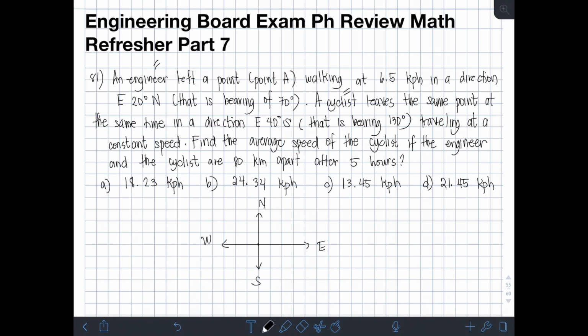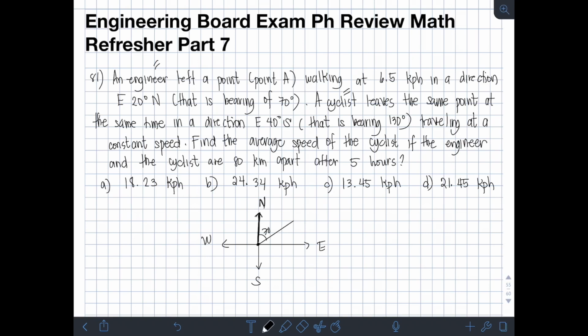Let's say yung initial point nila is itong intersection or let's say origin. So yung engineer, ang direction niya is east 20 degree north or bearing of 70 degrees. So ibig sabihin, kapag meron tayong bearing, usually nag-start tayo dito sa north. Ibig sabihin, from this north direction, magbibilang ka ng 70 degree angle. So let's say, approximately dito.